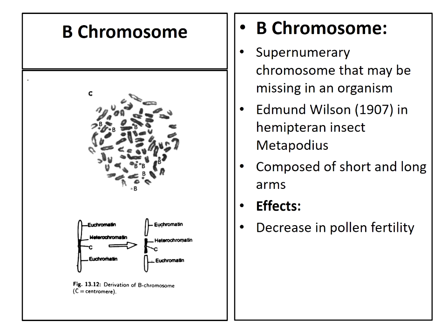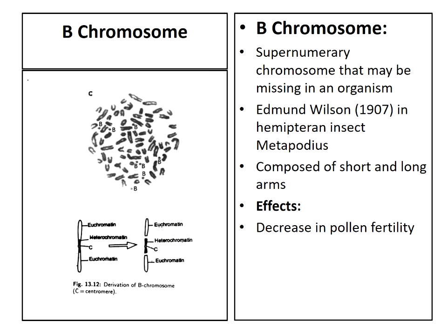Next is the B chromosome. B chromosomes are supernumerary chromosomes that may be missing in some organisms or may be found as extra chromosomes over and above the standard diploid or polyploid complement of chromosomes, and these have been reported in more than 1,000 species of plants belonging to bryophytes, pteridophytes, gymnosperms and angiosperms, and also in some animal species.